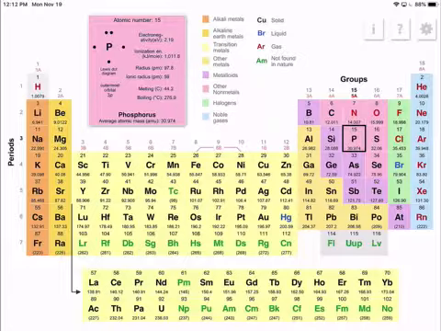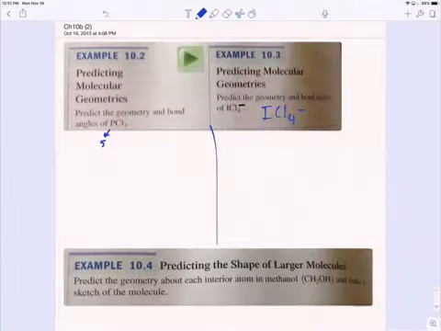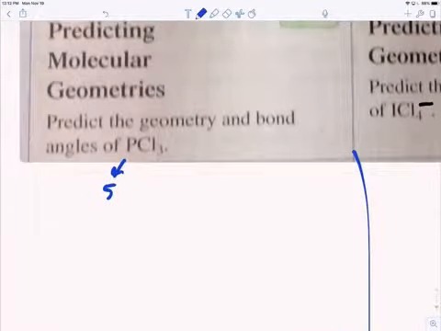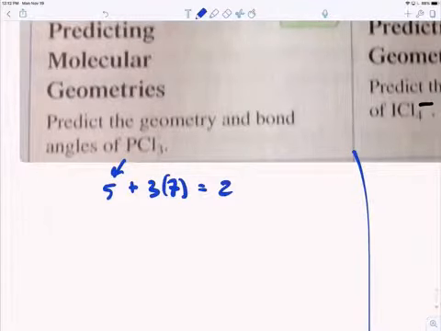And chlorine, the other one, 2 more, so 5, 6, 7. 7 for chlorine. So 5 plus 3 times 7 is 26 electrons.